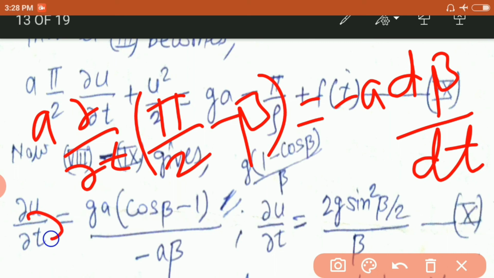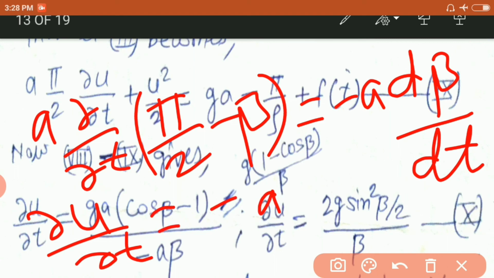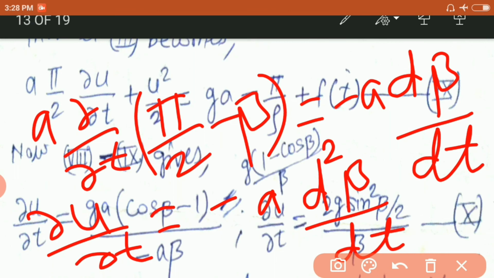And dou u by dou t is equal to minus a d2 beta by dt square.